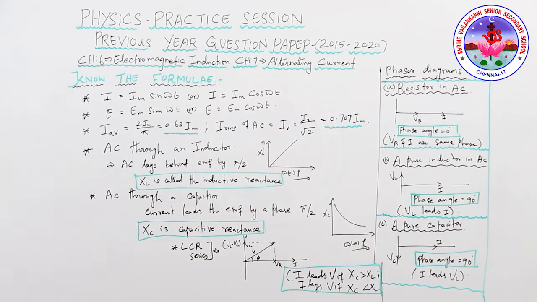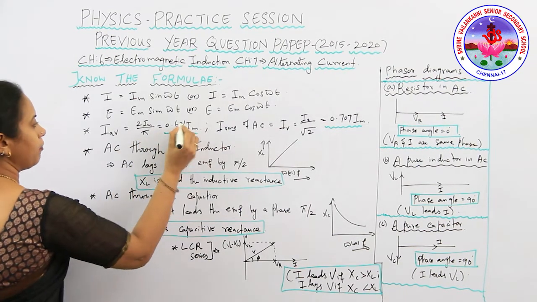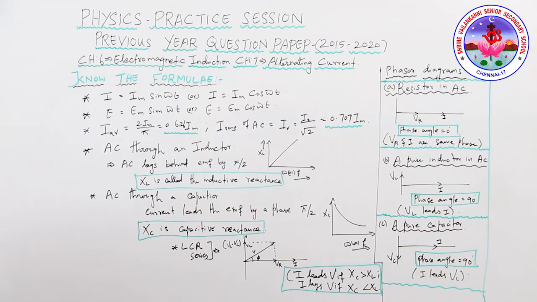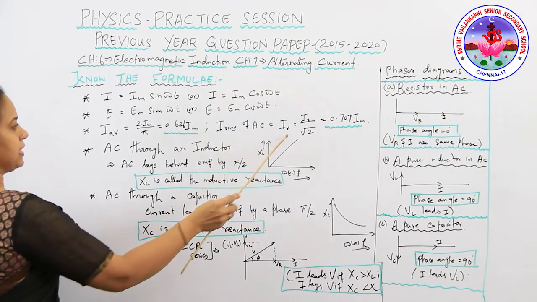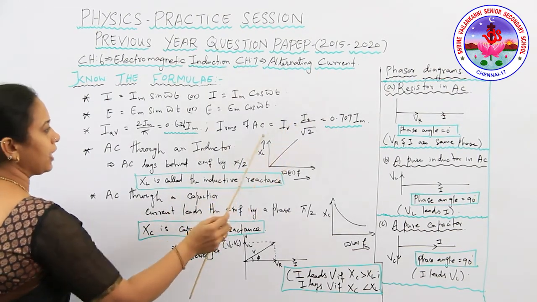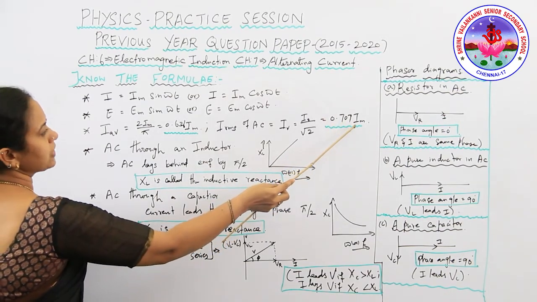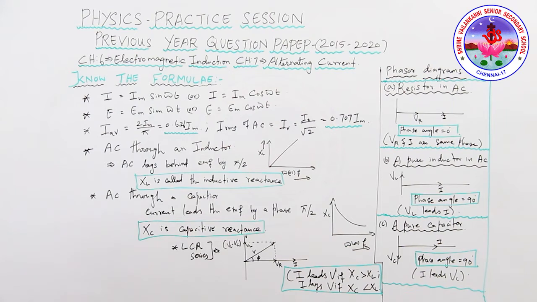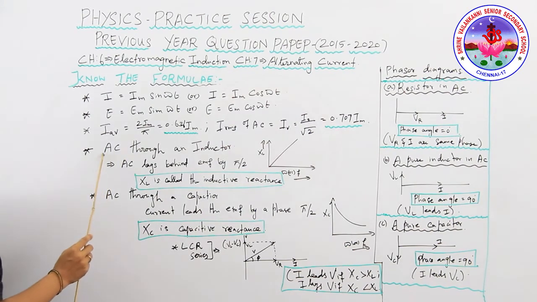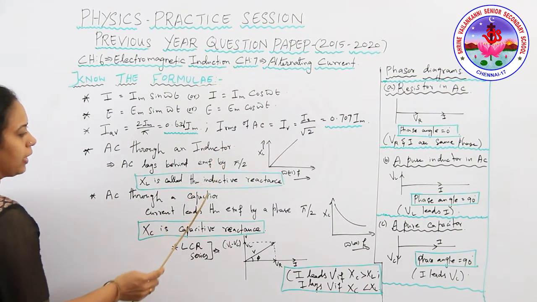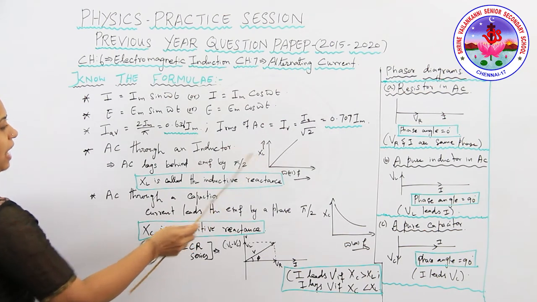And the IRMS value is I0 by root 2, which we can take as 0.707 Im, right.